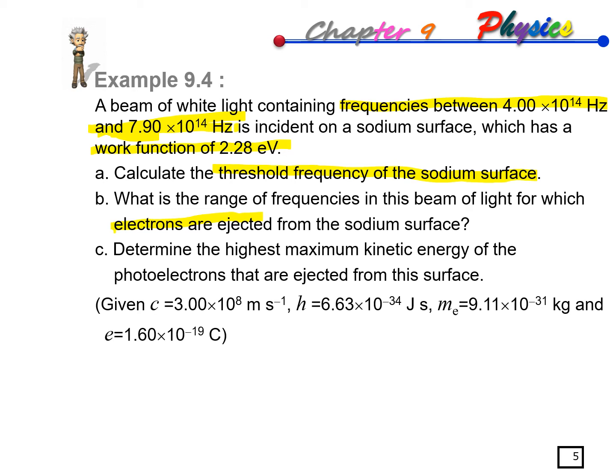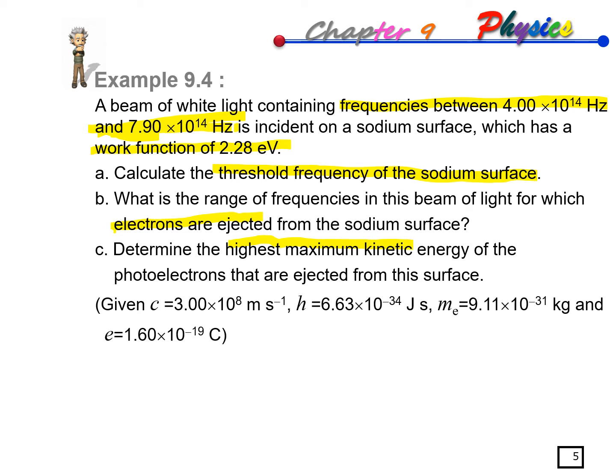Whenever you shine light, if the frequency overcomes the work function, then you will have electrons being ejected. So this will depend on the answer in A. And then the highest maximum kinetic energy.